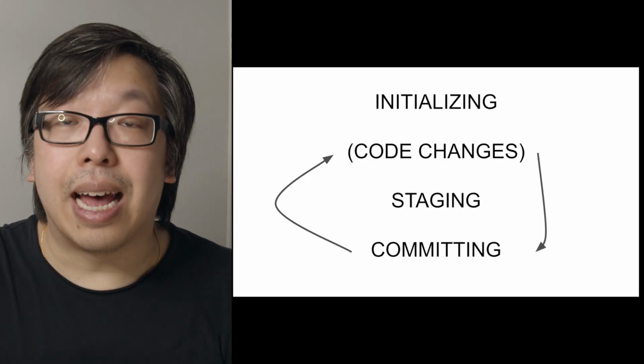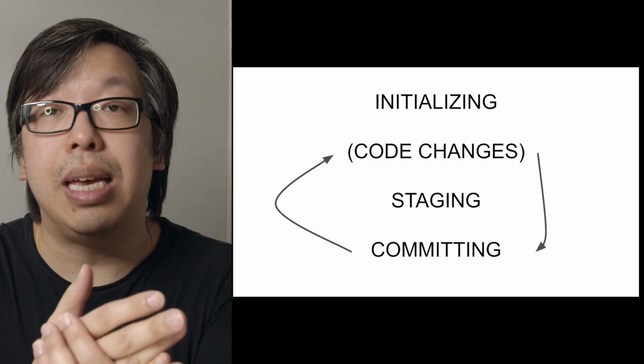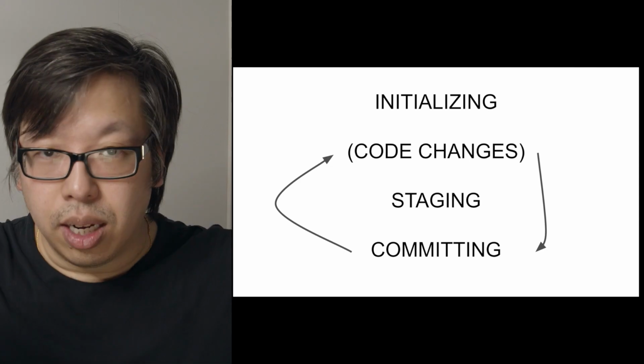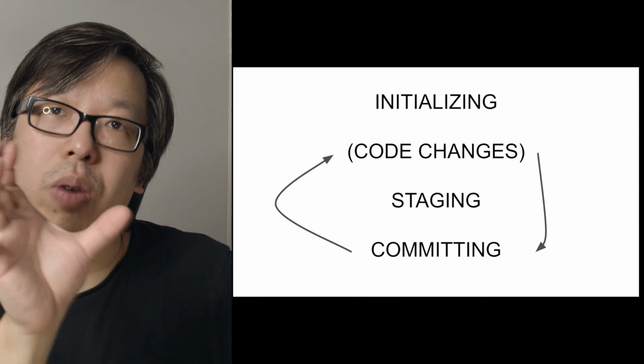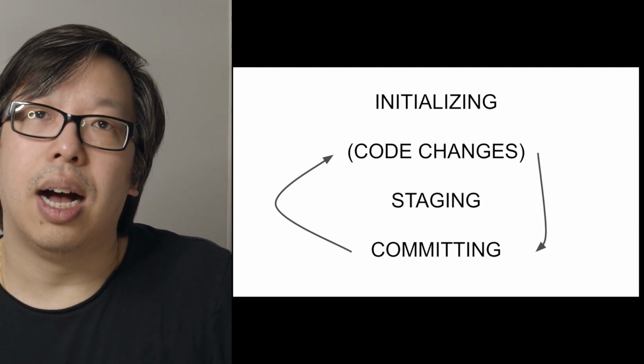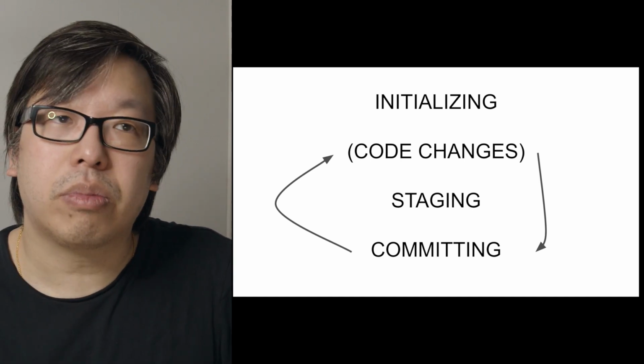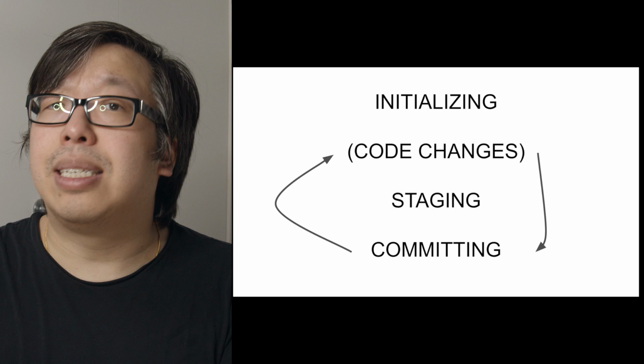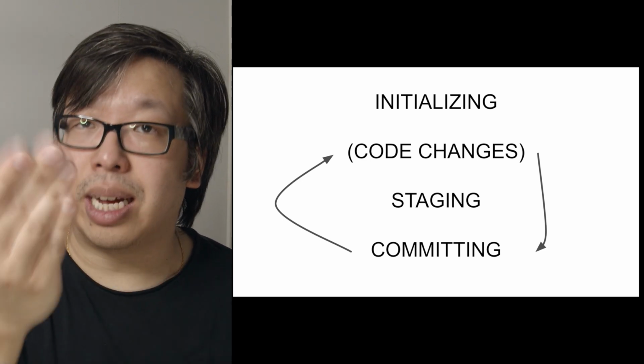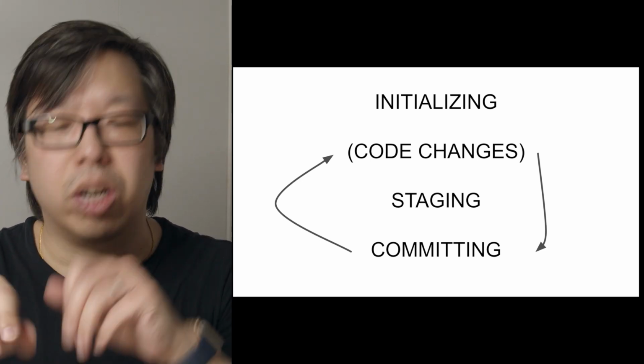And then the last step is committing. What committing means is you're then creating that snapshot of what's on the stage, basically what's been staged. So when you do a commit, you as a human being are going to tell Git what you've changed. You're going to write a little comment.